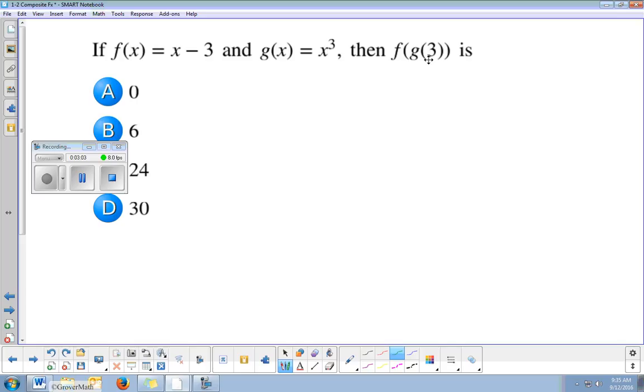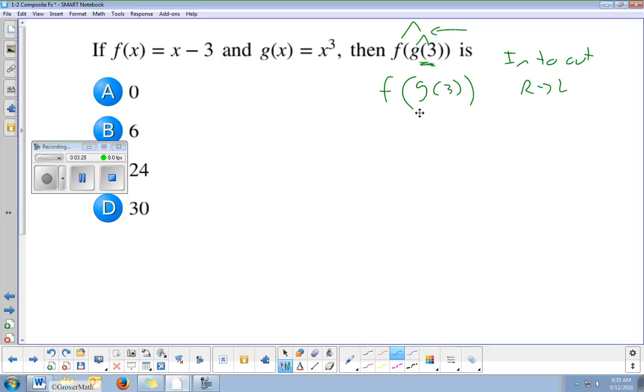But when we solve composite functions, we go right to left, meaning I start in here with g of 3, and then whatever that value is, I will do f of that. So we do this first, and then we do that. So we go inside to out, in to out, right to left.